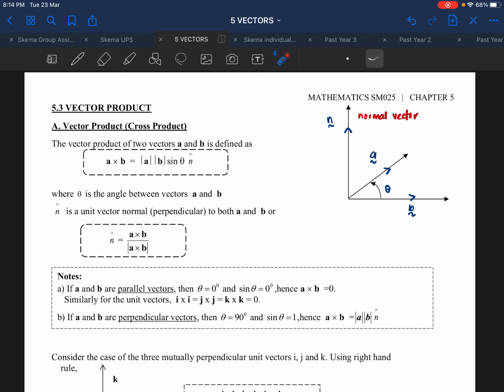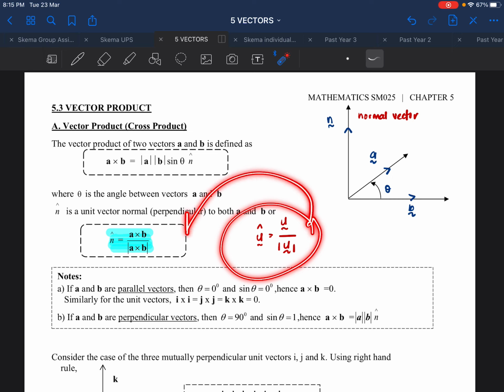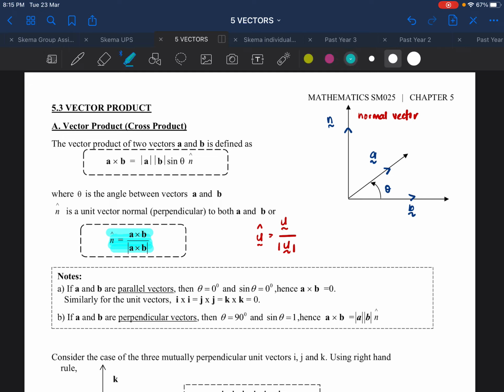Kita tahu formula n hat equals to A cross B over magnitude A cross B. Kalau sebelum ni kita tengok unit vector equals to vector over magnitude U, tapi lain sikit bila kita kena cari unit vector normal ataupun perpendicular to A and B, kita kena guna cross product. Bila dia cakap pasal normal, maksudnya dia perpendicular.